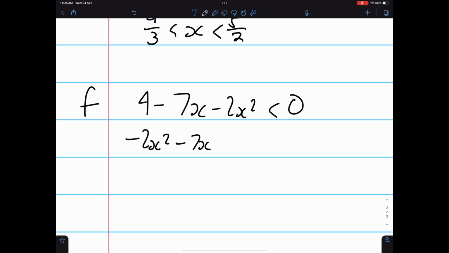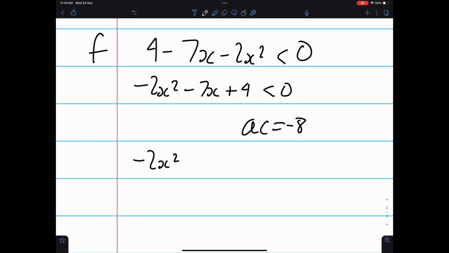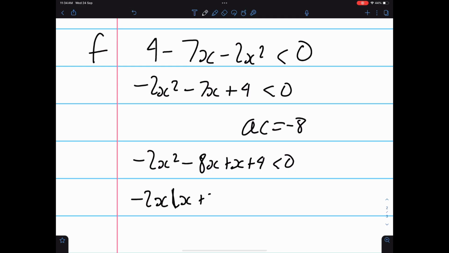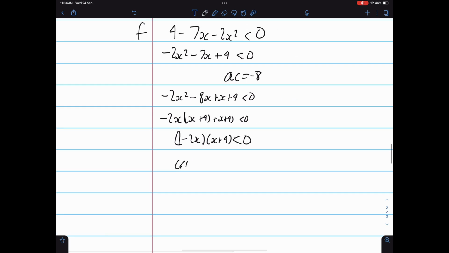And let's factor. So critical points half and minus 4.